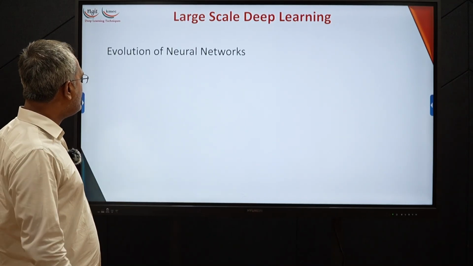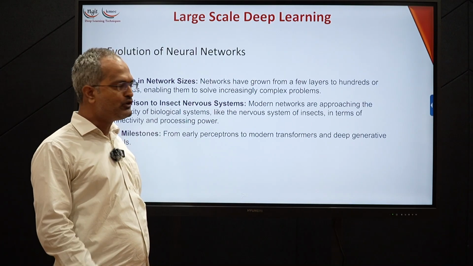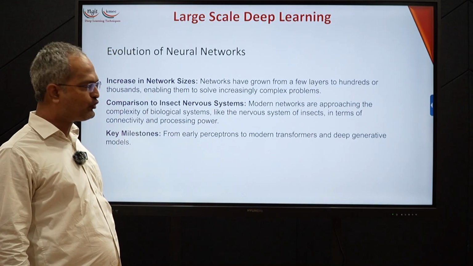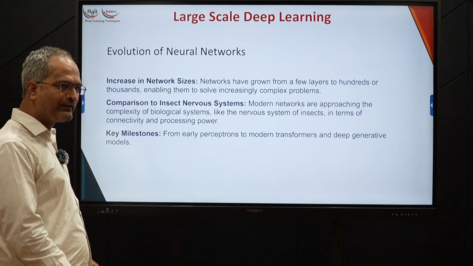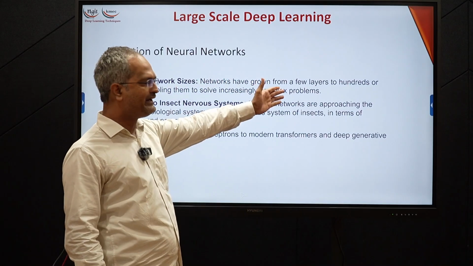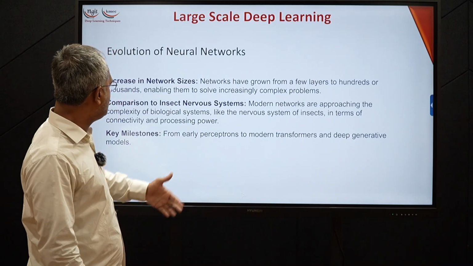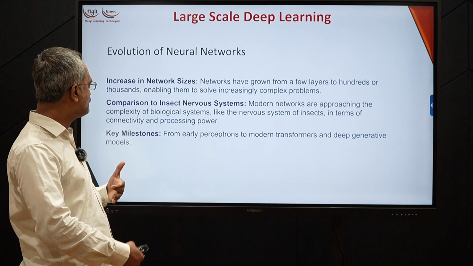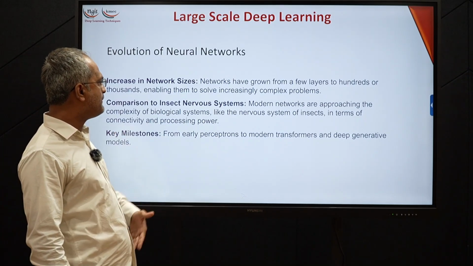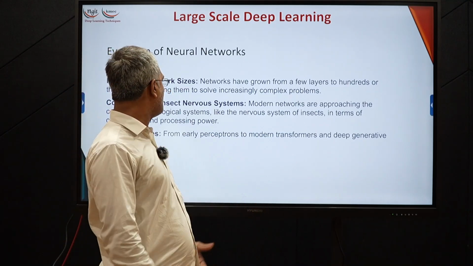The evolution of neural networks is playing an important role in many areas. There is a large increase in network sizes, with hundreds and thousands of layers, and they enable us to solve complex problems.